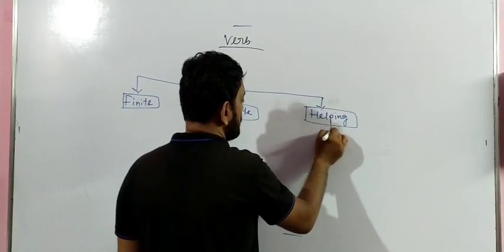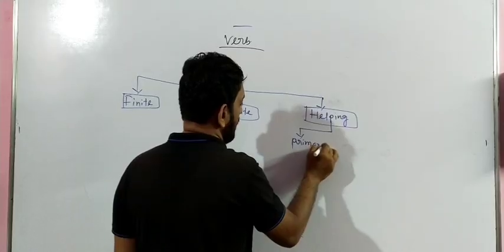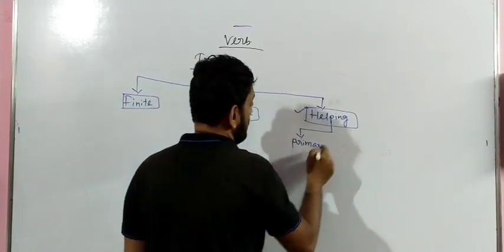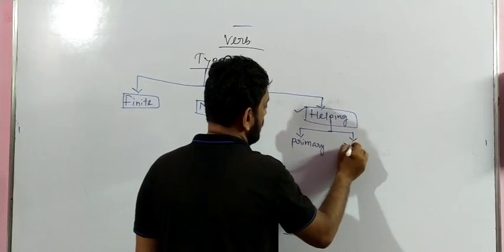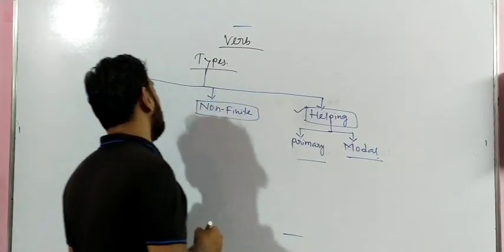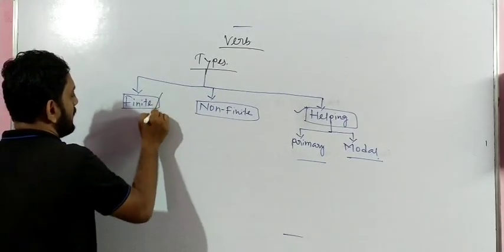Helping verb is also divided into two parts. One is primary helping verb, also called auxiliary verb, and another one is modal helping verb. Okay, so finite verb is also known as the main verb of a sentence.